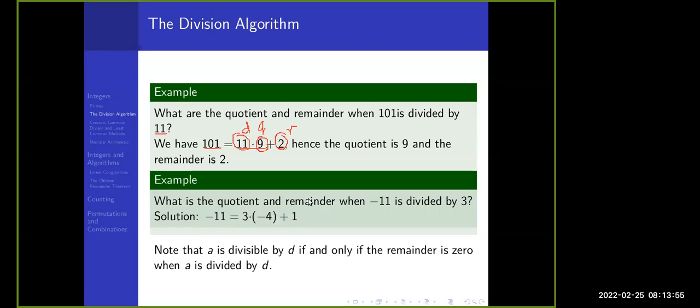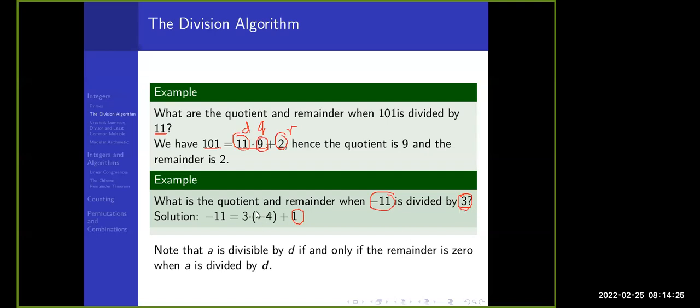So here's another example. What is the quotient and remainder when minus 11 is divided by 3? So for that, we can write negative 11 is equal to 3 multiplied by negative 4, and then the remainder will be 1. So you will notice that we must have the remainder here being strictly smaller than the divisor.